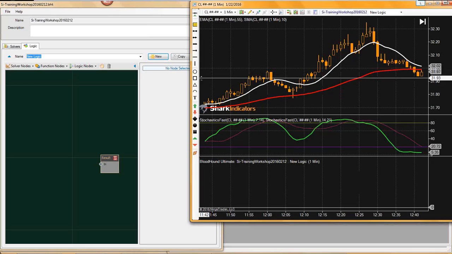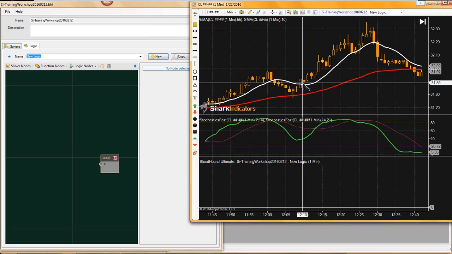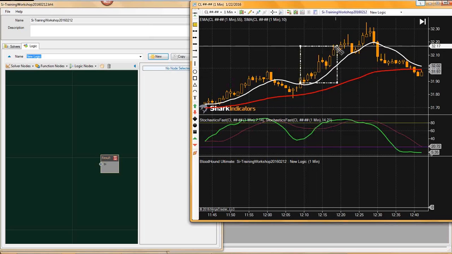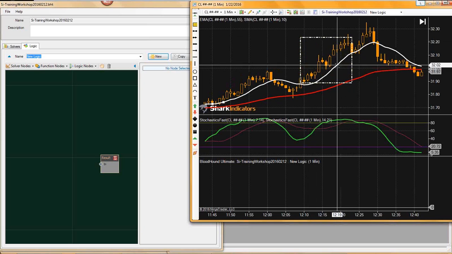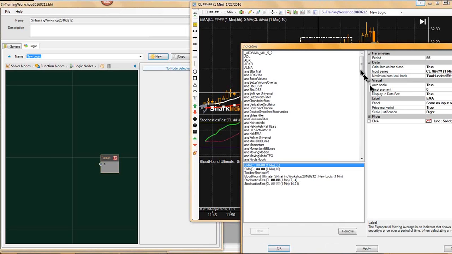So let me ask you, we could build an exit signal that gives an exit signal the entire time that bars are above our moving average, right? I'll just use this SMA 10 here, the white one, as an example.